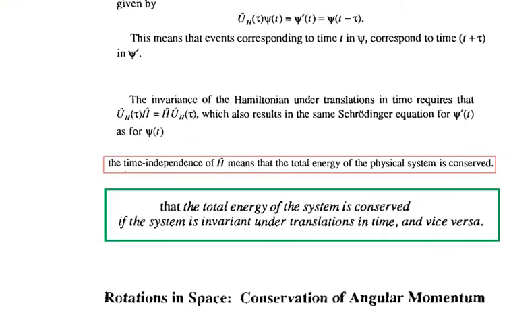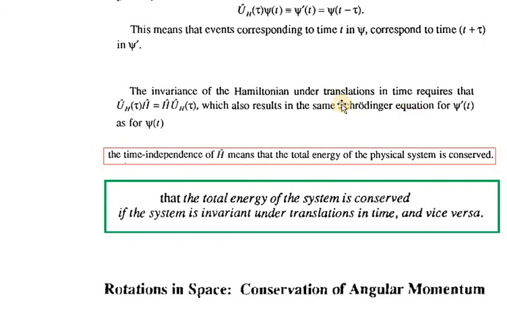The invariance of the Hamiltonian under translation in time requires that UH equal to HU. This is an important point. U is the time evolution operator, a unitary operator, which also results in the same Schrodinger equation for psi prime of t as for psi of t.